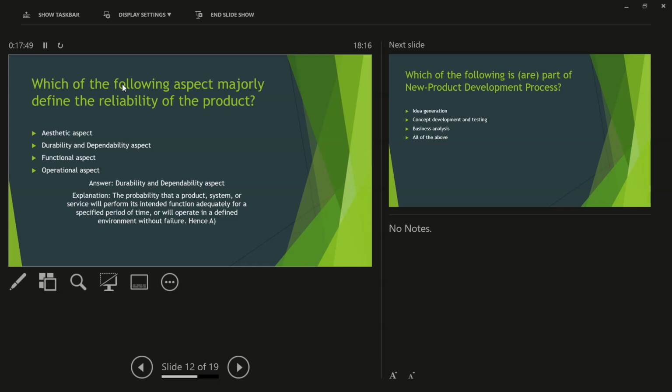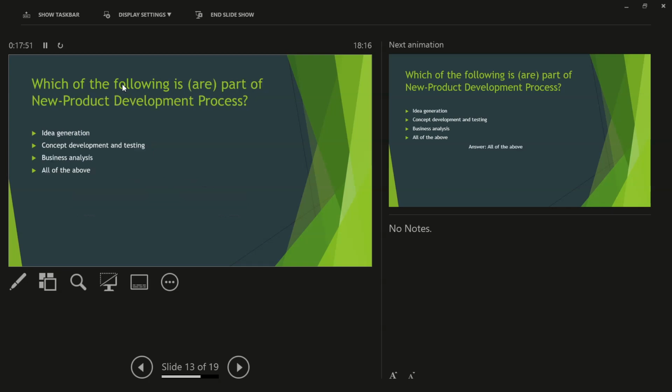So yes, with that, let us move on to our next question. That is, which of the following are the part of a new product development process? And can you give me the chronology in which we generally deploy them?